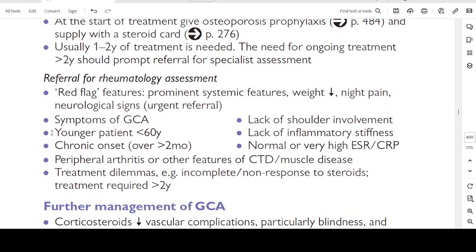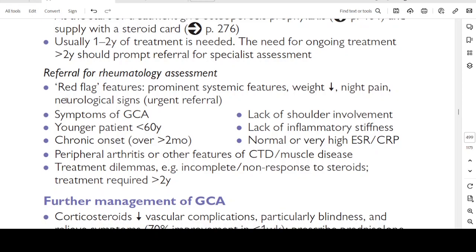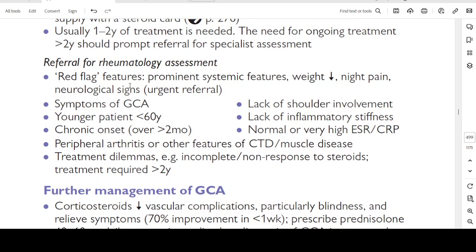Refer for rheumatology assessment. Red flag signs are prominent systemic features, weight loss, night pain, neurological signs, which require an urgent referral; symptoms of giant cell arteritis; younger patient less than 60 years; chronic onset over more than 2 months; lack of shoulder involvement; lack of inflammatory stiffness; normal or very high ESR or CRP; peripheral arthritis or other features of CTD or muscle disease.